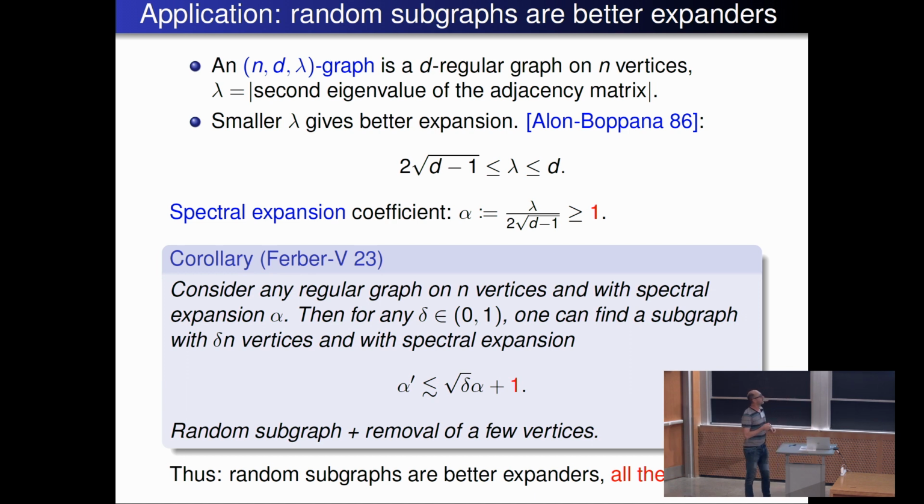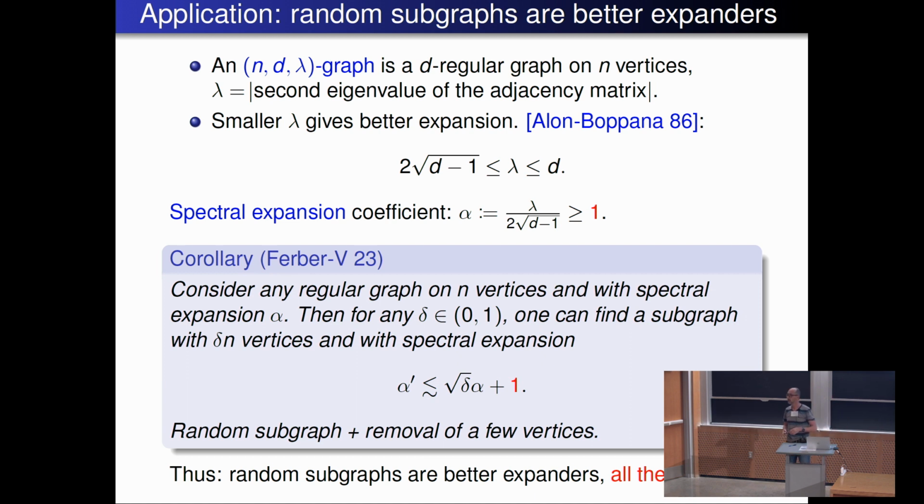Claim: it has a spectral expansion that's better in most cases. So you can't beat 1, of course, because you can never go beyond Alon-Boppana, right? But anyway, if you are above it, you will get progress. If delta is small, you'll get smaller than alpha. So you will always improve expansion by taking a subgraph until you hit the Ramanujan level.